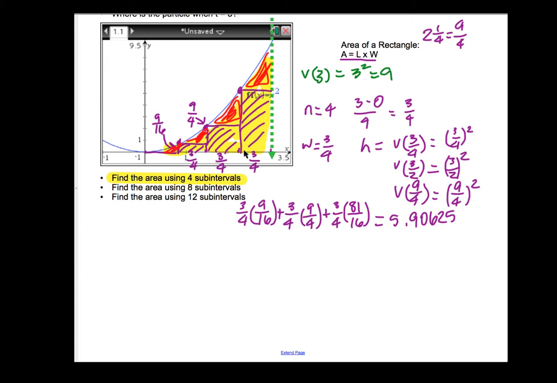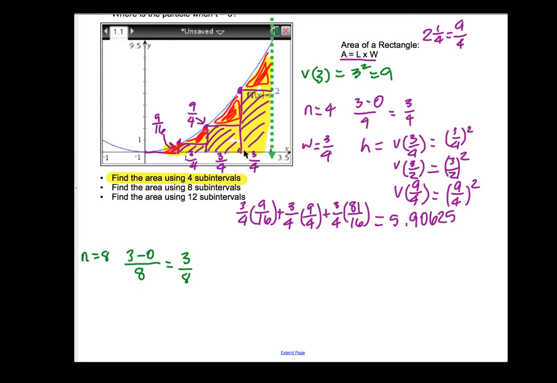And so let's do that. Again, let's look at 8 subintervals now. So if we let n equal 8, then we would do our stop minus our start, which would be, we're stopping at 3, we started at 0, and divide by the number of partitions or subintervals. So each interval is going to be 3/8 of a unit.